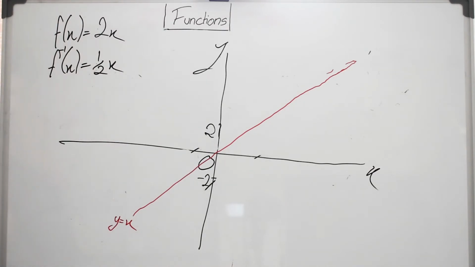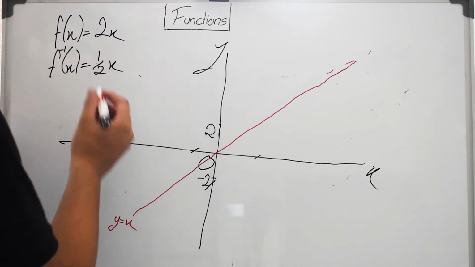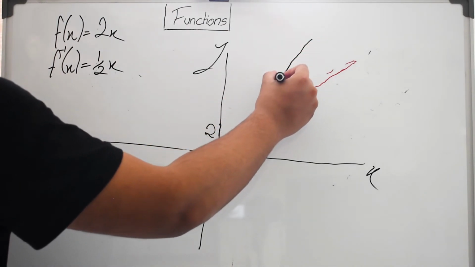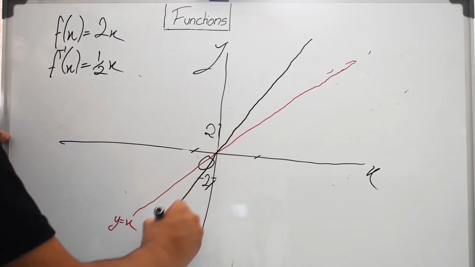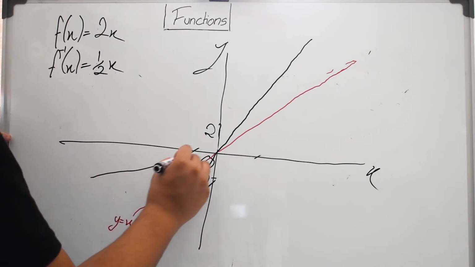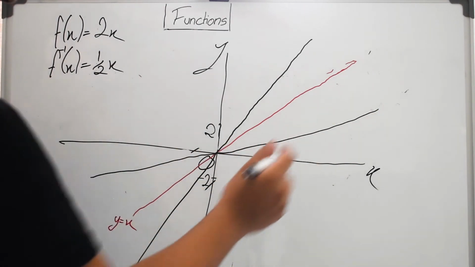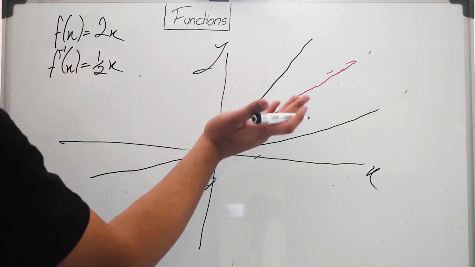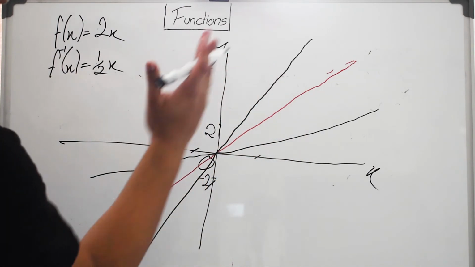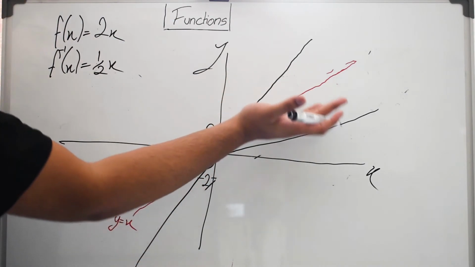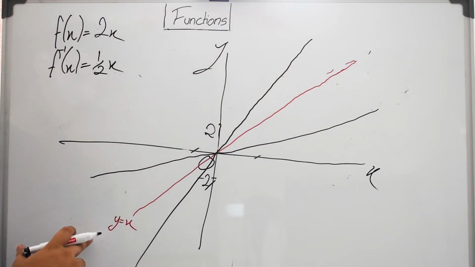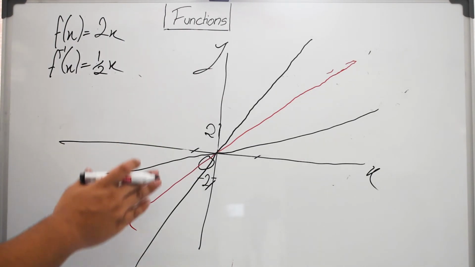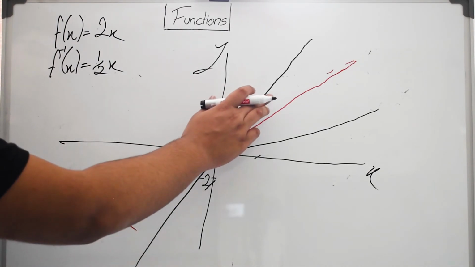So let's draw the graph of these functions. 2x would be like this and half x would be like this. So as you can see, again the graph has been reflected off the y is equal to x line. First it was like this, now that it's reflected it's like this. This is as simple as the explanation gets. All you have to do is reflect the graph off the y is equal to x line.